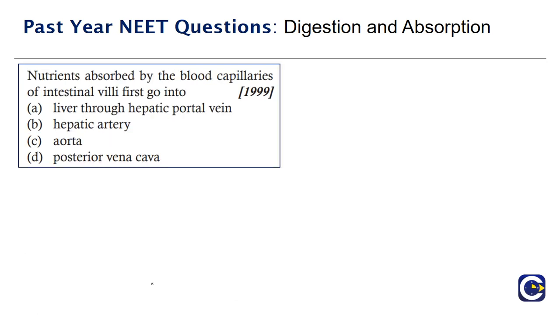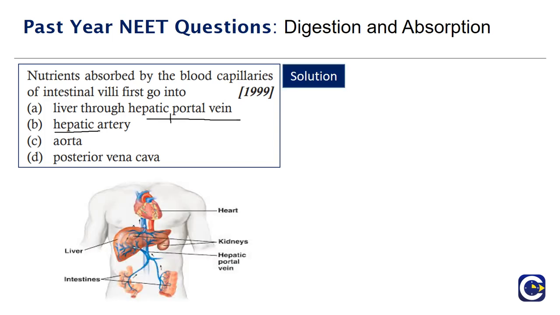Nutrients absorbed by the blood capillaries of intestinal villi go into the liver through, the options given are, hepatic portal vein, hepatic artery, aorta, posterior vena cava. So this is a factual question, but we get confused between hepatic artery and hepatic portal vein. So let's see a picture. We have the liver here, stomach, then we have the intestine.